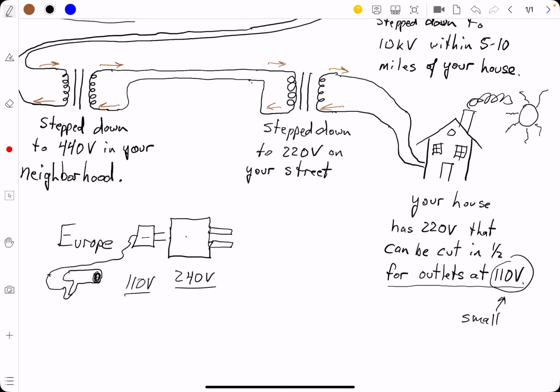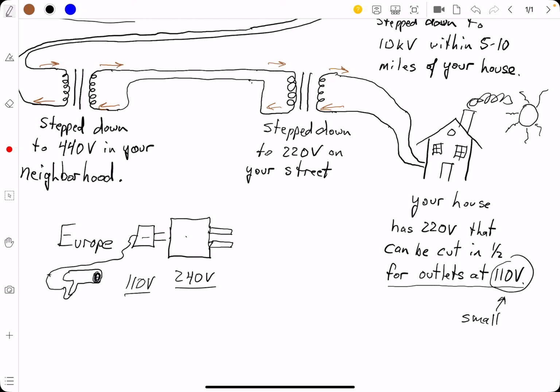And you can switch back and forth, and then you don't really need the transformer to go to Europe, okay? Because you can just switch it to the 240 volt, and then your hairdryer works fine because inside your hairdryer you have a transformer. So that is everything I know about transformers.